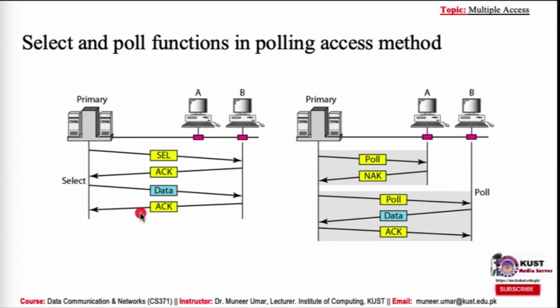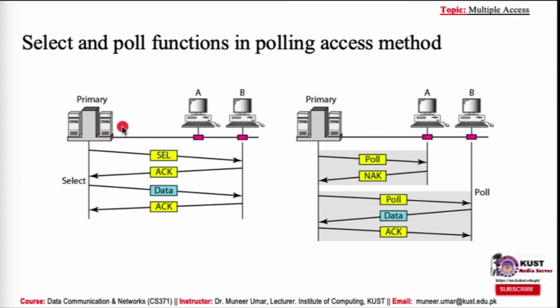So first, let's check the select function. The select function is used whenever the primary device has something to send. As we know, the primary device has control over the link. So whenever it wants to send some data, it must ask the secondary device. If it has something to send, the primary device sends it directly. What it does not know, however, is whether the target device is prepared or not.